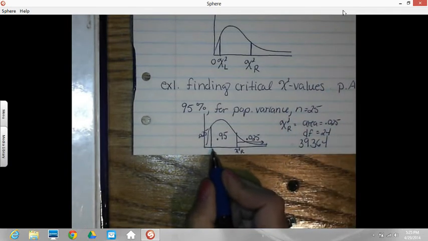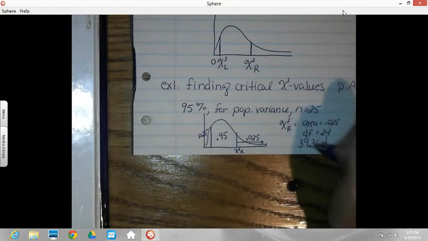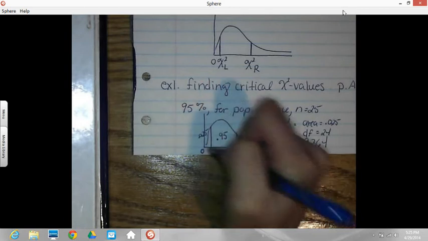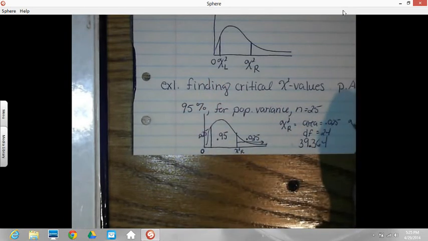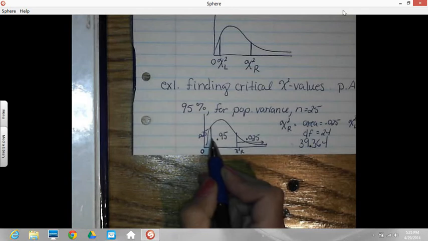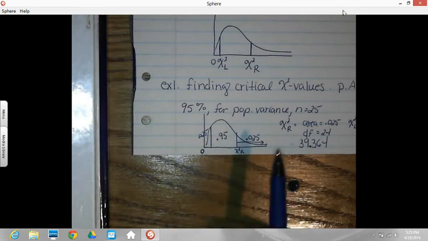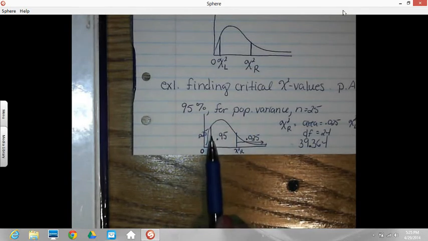Remember, these are not symmetrical like our other ones, so we do have to look this one up. This is not a negative 39.364. They're all positive, remember. This number line is starting at 0. So it should be smaller than the chi-squared right. So chi-squared left, the area I need to look up is the total area to the right. So take a look. If I'm standing here, how much area is to my right?